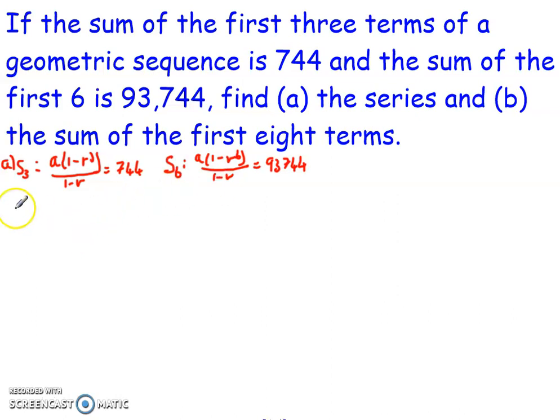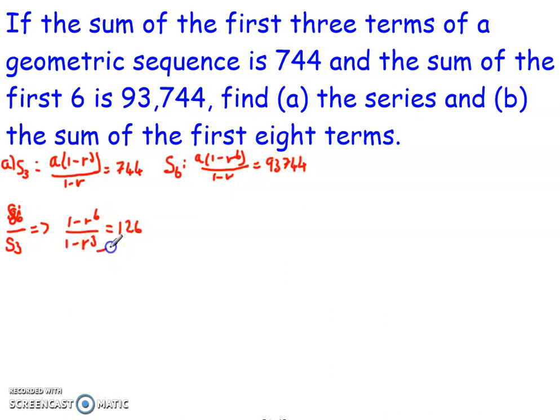So in this case, what that means is I'm going to do S6 divided by S3. And if I do that, and I do this divided by that, what's going to happen is the a's will cancel, and the 1 minus r's as the denominators will cancel, and I'm going to be left with (1 - r^6)/(1 - r³) equals 93,744 divided by 744, which is 126.